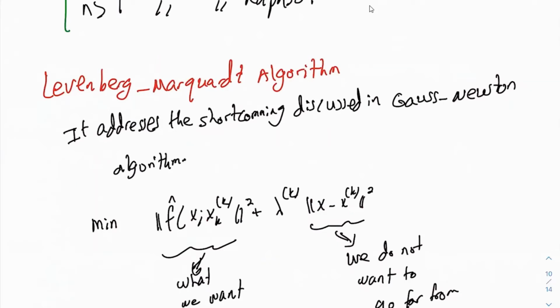In a sense, we again want to use the affine approximation and then use the least square in step 2 to find the next estimate. But I want to make sure that my current estimate and the solution always stay within a boundary. I always want to make sure that this quantity is small. This is what I want to make sure.